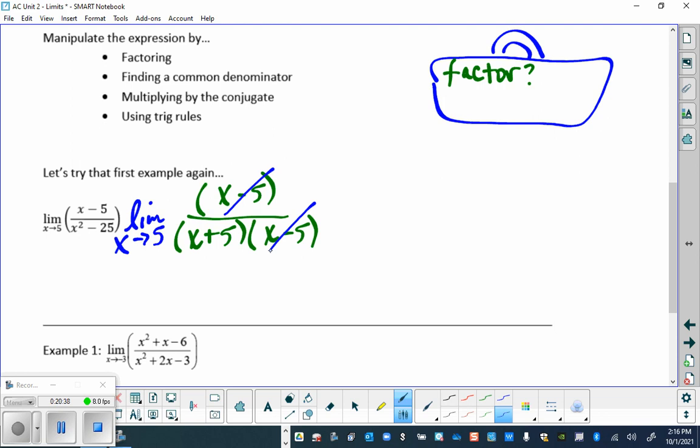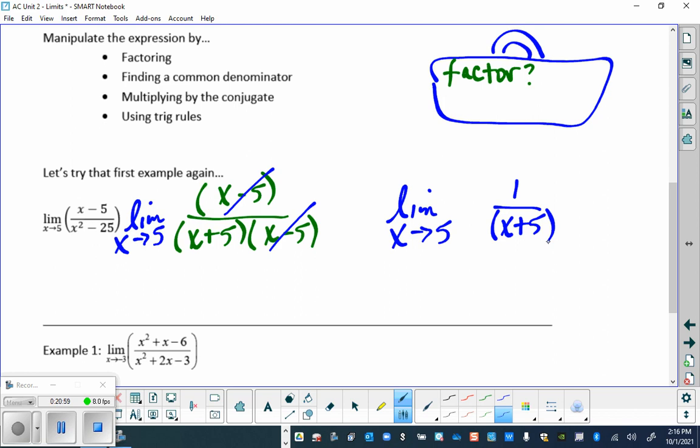Let's take that factor and cancel it out. Because now, when I have the limit as x approaches 5, I'm looking at something I can substitute and simplify into.